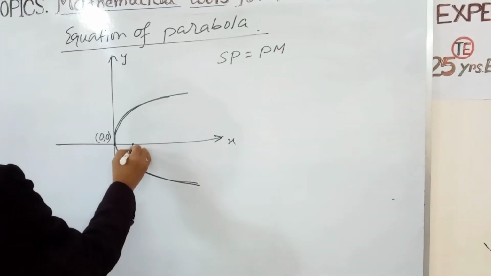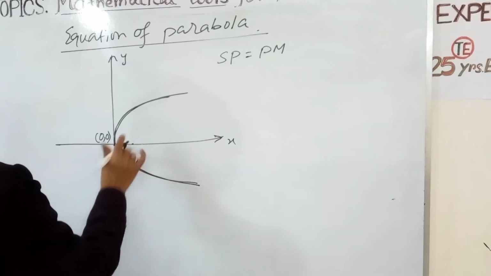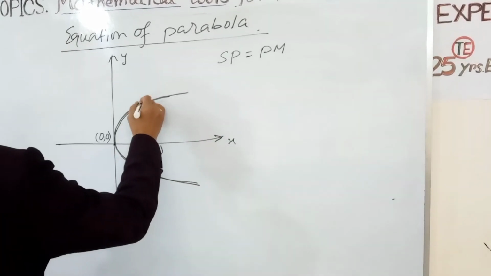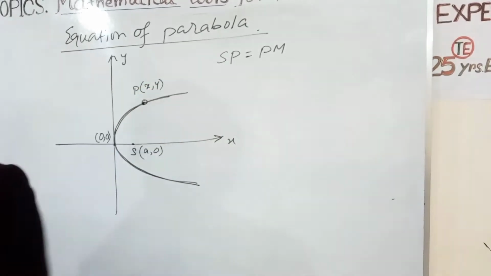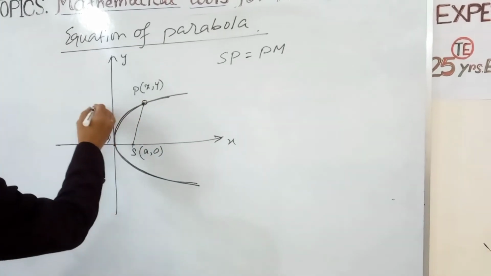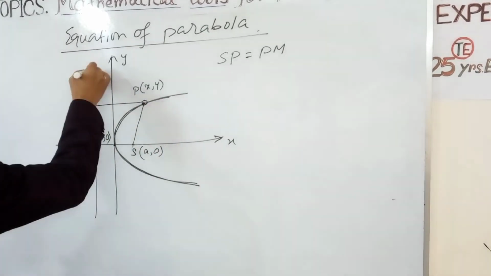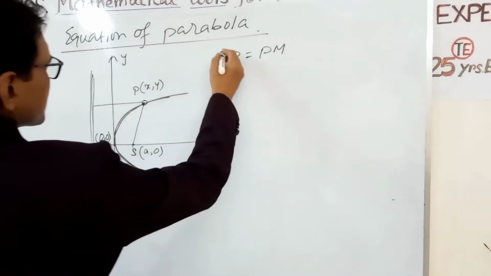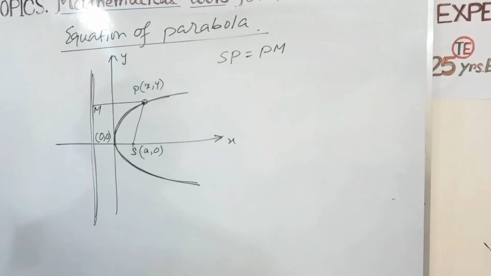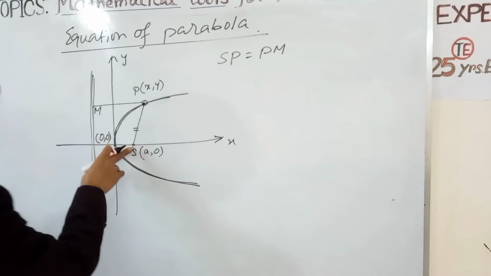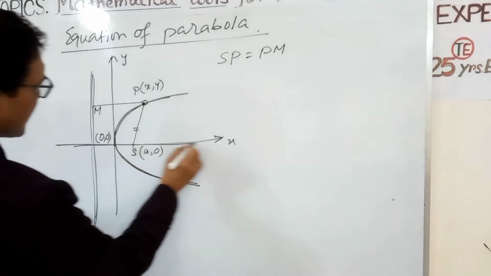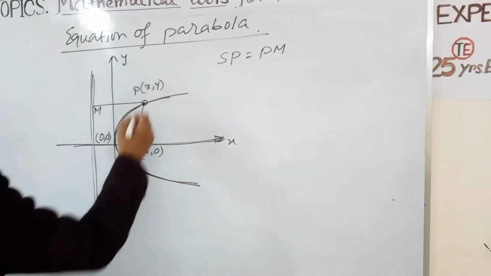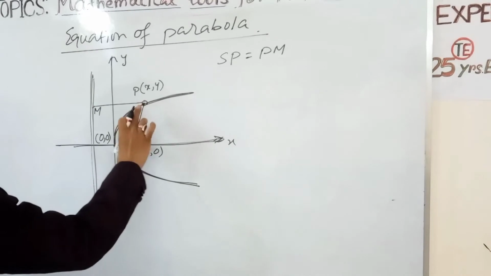Suppose S is a fixed point which is called the focus, and P is a general point whose coordinate is (x, y). This is the directrix, a fixed line. M is here. So the definition is SP equals PM. S is the focus. This is called the axis. The definition of parabola is SP equals PM.